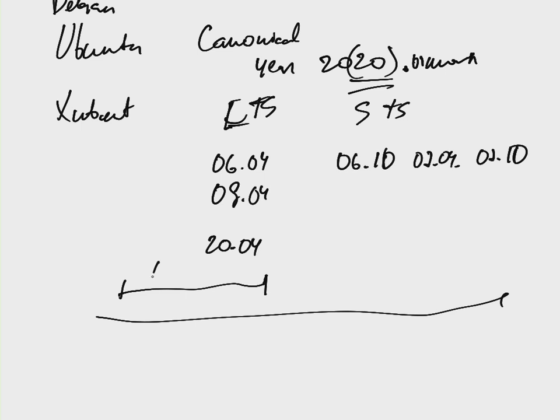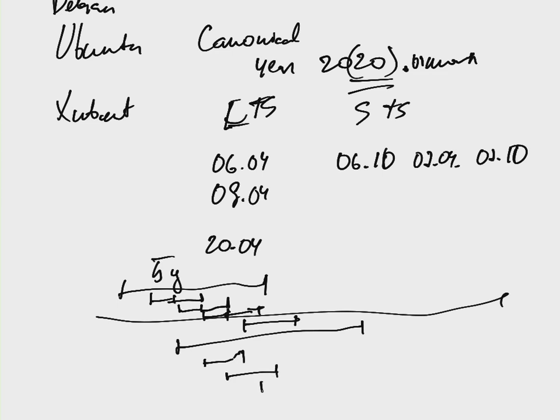A long-term version, which is supported for 5 years, and short-term versions supported for half a year or a year, maybe a year and overlapping, something like this.